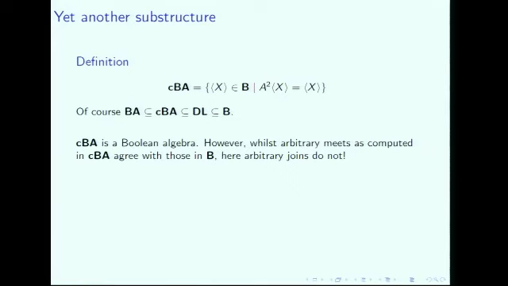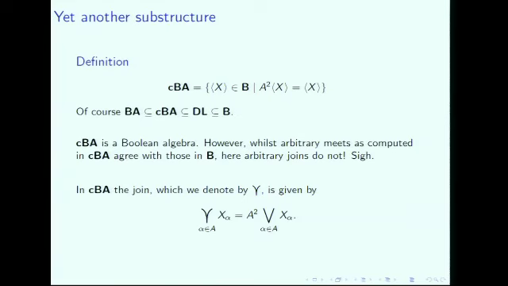It in fact is a complete Boolean algebra. But whilst arbitrary meets as computed in CBA are the same as those computed in B, this is not the case for arbitrary joins. So now meets work but joins don't.